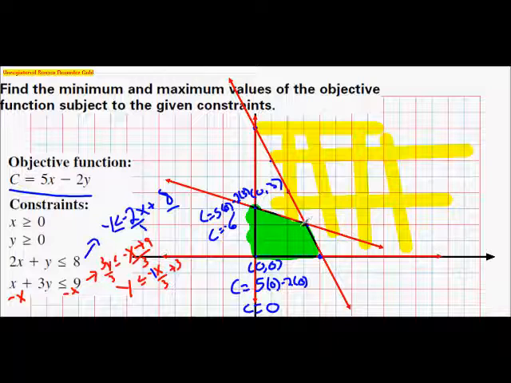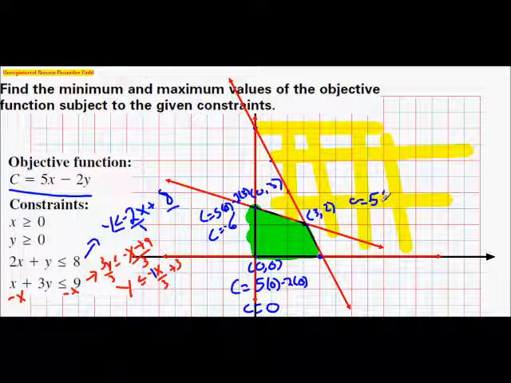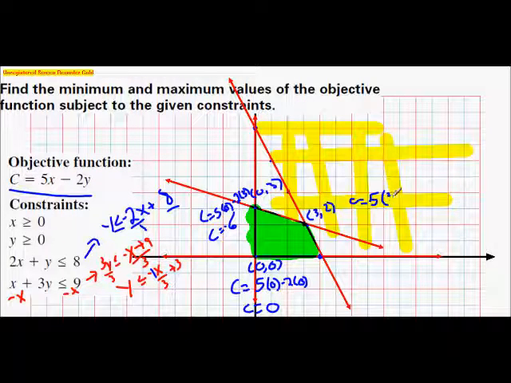All right. This is the point 1, 2, 3 across and up 2. So that's the point 3, 2. So we're going to have c is equal to 5 times, what's my x value here? 3, minus 2 times 2.